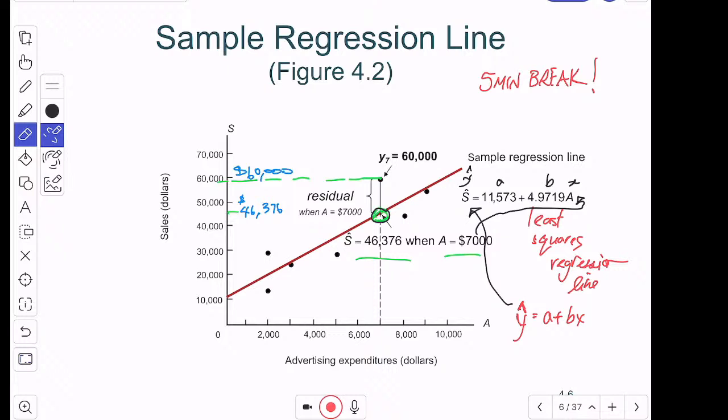The line comes out of software, using calculus. Like I said, I'm not going to expect you to calculate the line, but you should be able to do it for two variables given what I taught you last time. For more than two, I just stick with the interpretation.